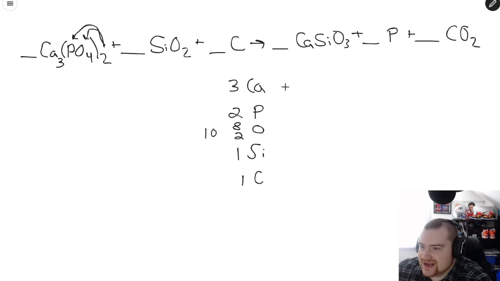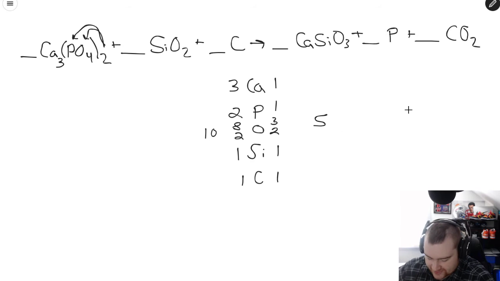On the right side, calcium, I got 1. Silicon, I got 1. Oxygen, there's 3 in the first slot. Phosphorus, there's 1. Carbon, there's 1. Oxygen, there's 2 in the second slot, so my total is 5. Okay, so for this, what the heck do I do to start? So, what I like to do to start is I like to start with the biggest compound with the most elements in it.